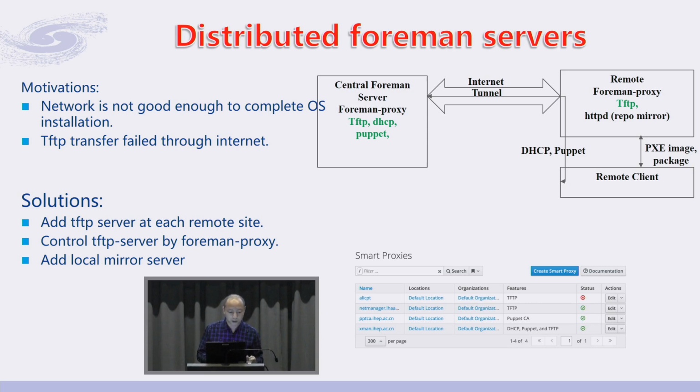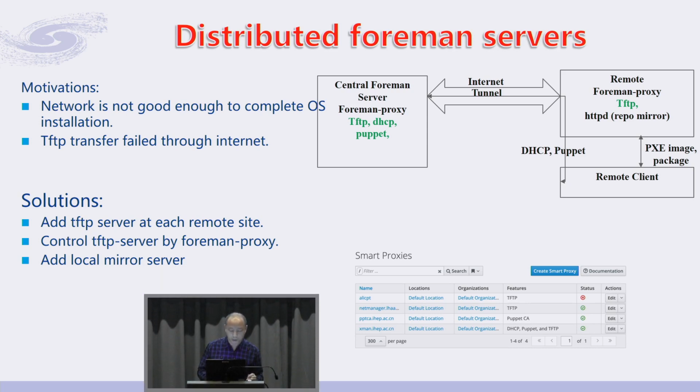So I just install the TFTP server at the remote site, controlled by the central Foreman server through the Foreman proxy, and add a local mirror. Then we can finish the remote site OS installation automatically. This picture is some remote site Foreman proxy.